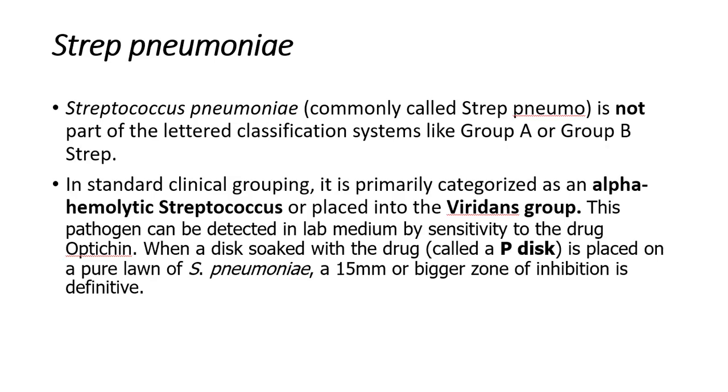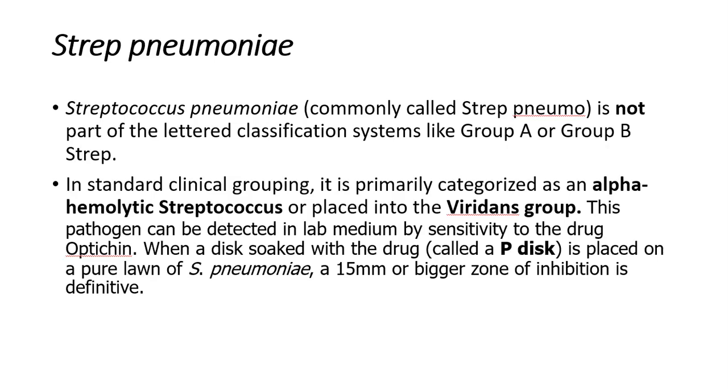Now, here's one of the guys that is outside that grouping, and that is strep pneumo. It is not part of the letter classification system. In standard classical grouping, it is primarily categorized as an alpha hemolytic strep, or it's placed into the strep viridans group, but as I mentioned, it is an alpha hemolytic strep, and it doesn't have a grouping.